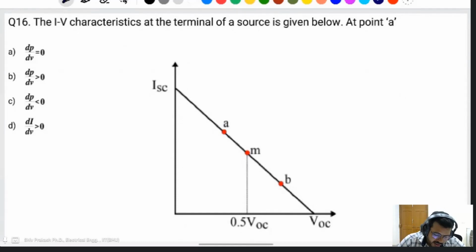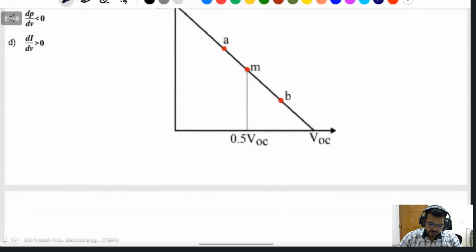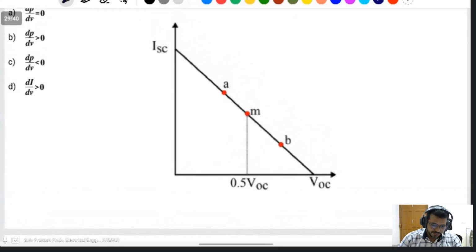The IV characteristics at the terminal of the source are given below. Then it is asking about the point A: is dP by dV greater than 0, less than 0, equal to 0, or dI by dP greater than 0?